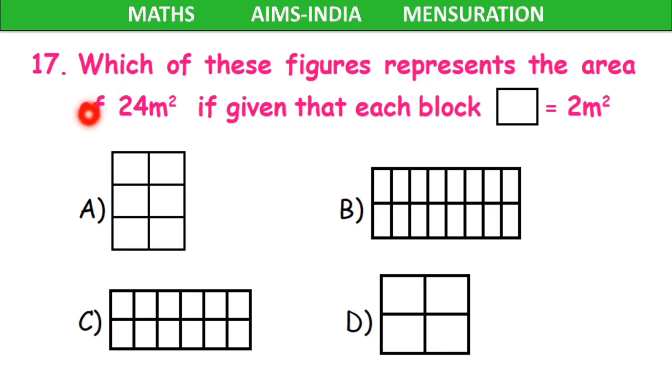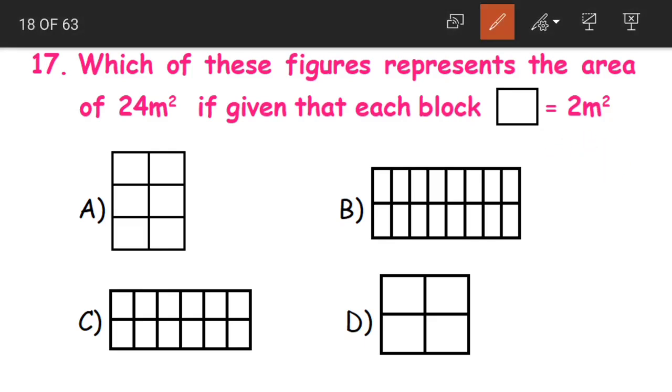Coming to question 17. Which of these figures represents the area of 24 meters square, given that each block is equal to 2 meter square? Now here see children, they have already given us the area.